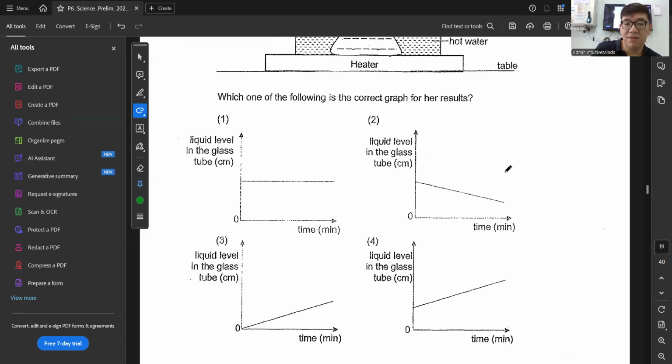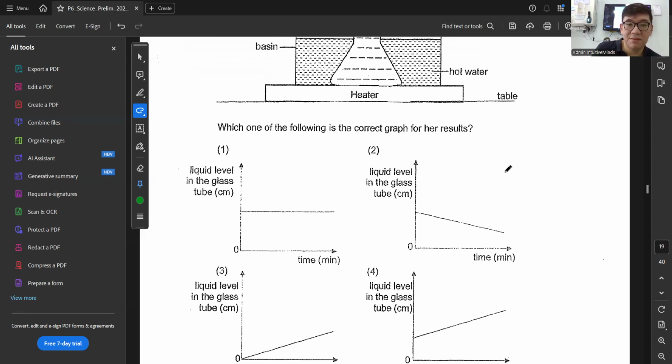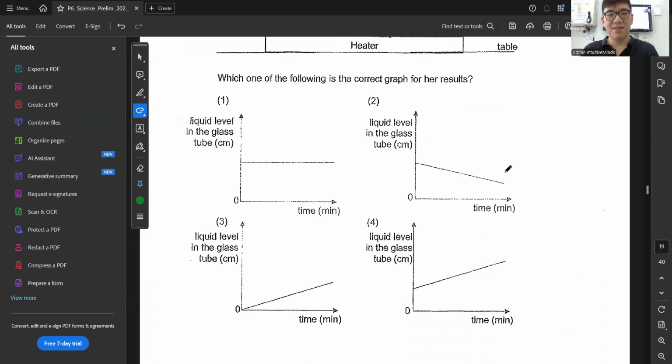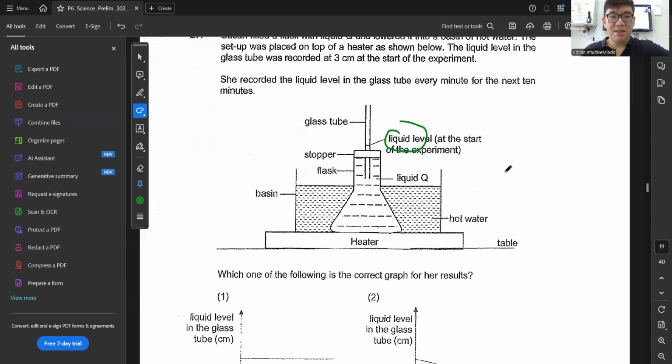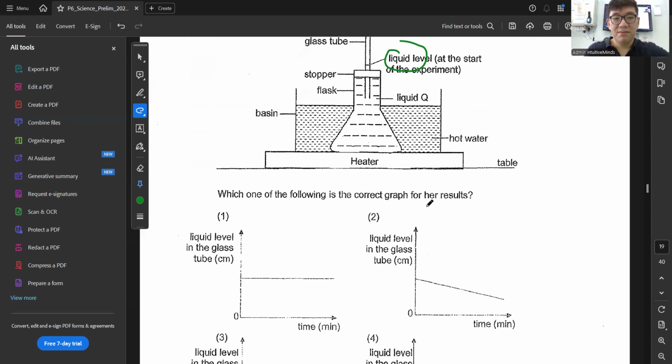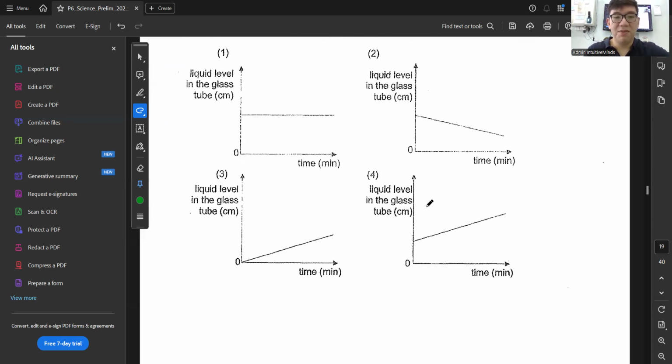Let's look at the one that is obviously not correct, 3. Why not? Because it started with 3 cm. It's written there. Yes, you're correct, so it can't be 3.